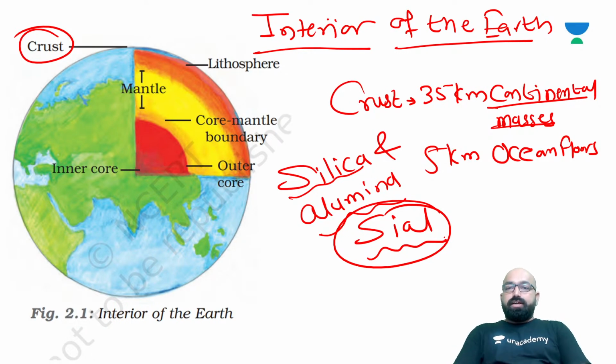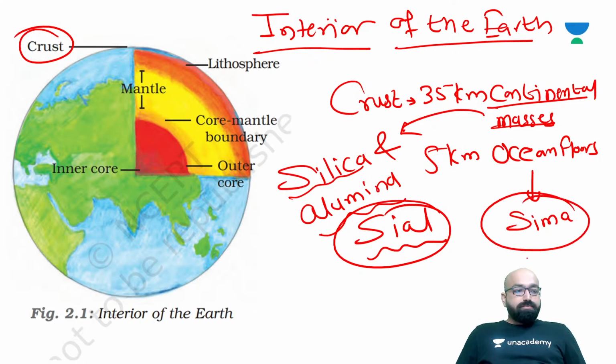The oceanic crust mainly consists of silica and magnesium, so it is called Sima.